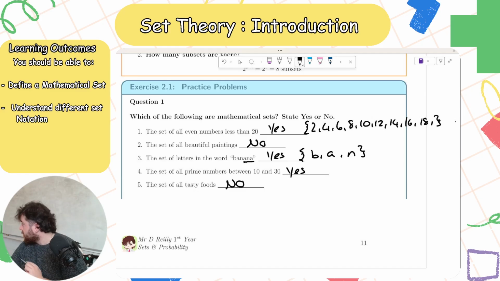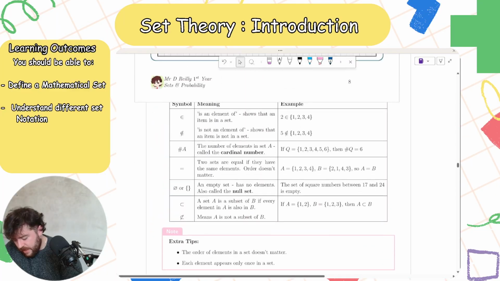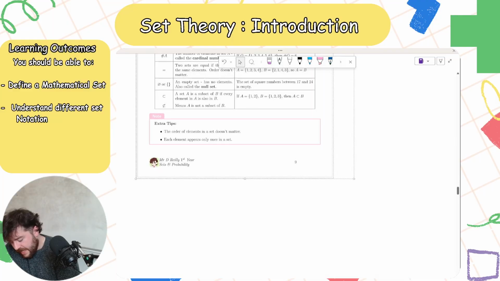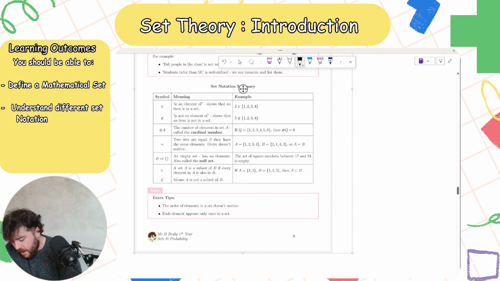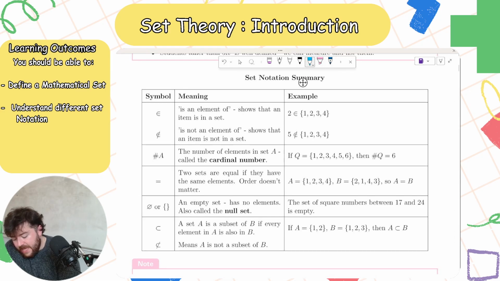Now that we understand what a set is, we have to be familiar with set notation. So this little E symbol here, that means is an element of.